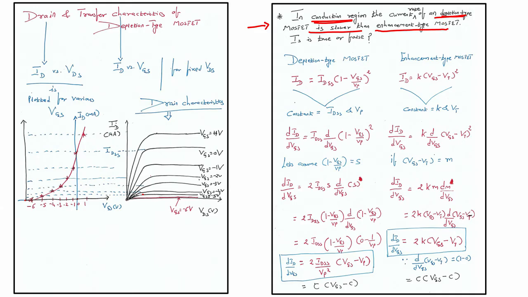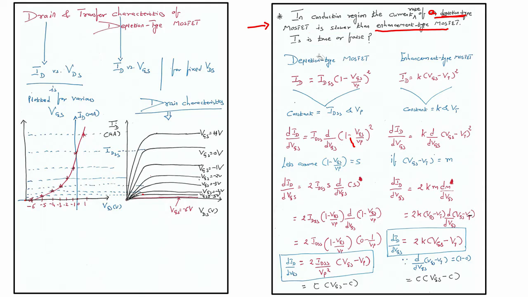Let us read it together: in the conduction region, the current rate of a depletion type MOSFET is slower than the current rate in an enhancement type MOSFET. Is this statement true or false? That is the question. We have to find out whether this statement is true or false.